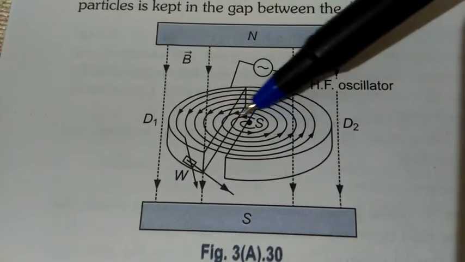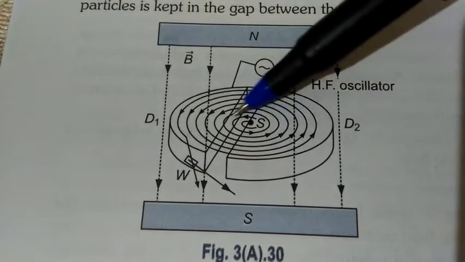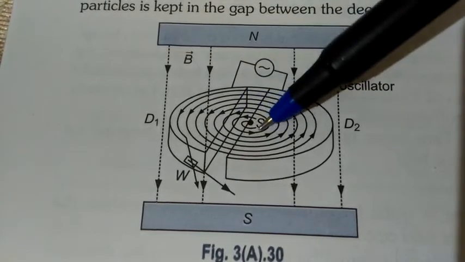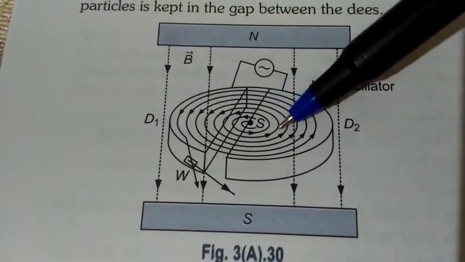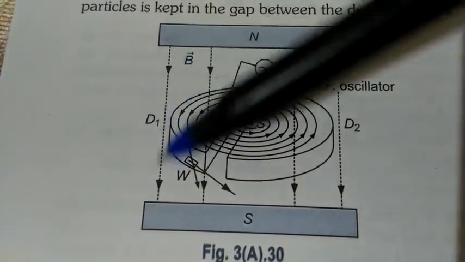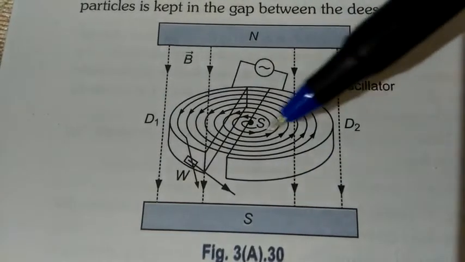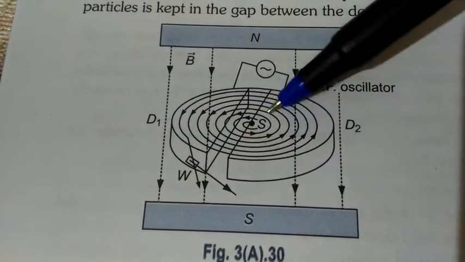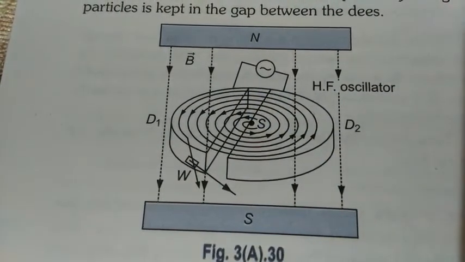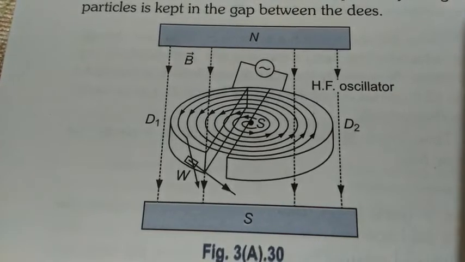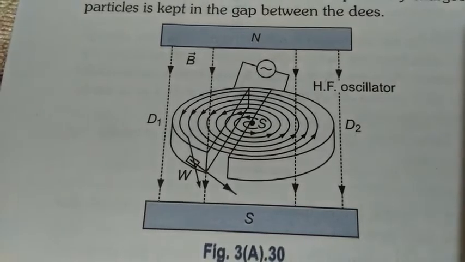This type of attraction in two different Ds continues. And when the particle is moving towards D1 or D2, because it moves perpendicular to the magnetic field, it moves in circular path. Also we know that when the particle is moving in the direction of electric field, the particle gets accelerated.